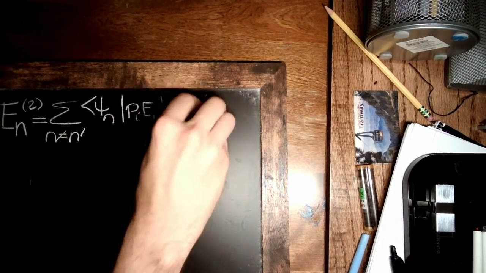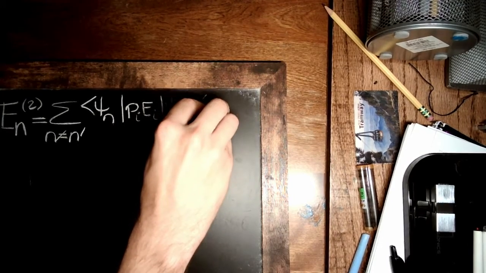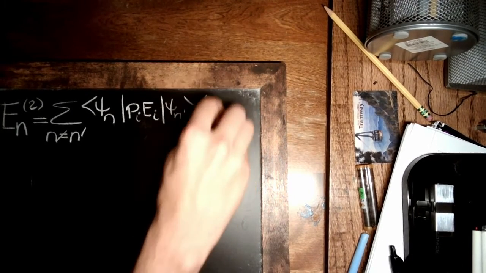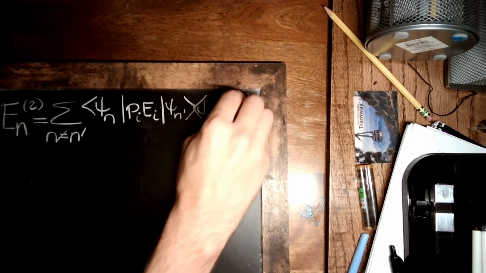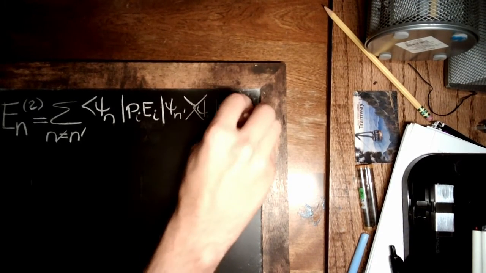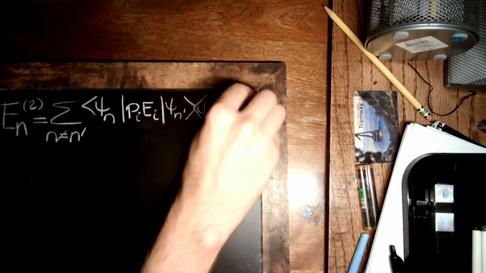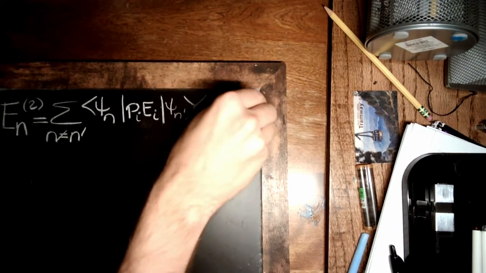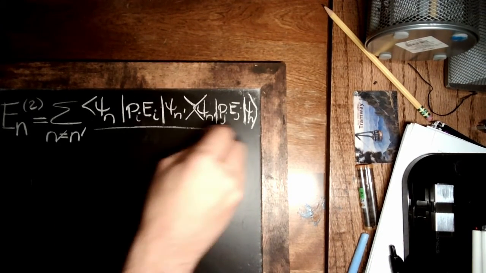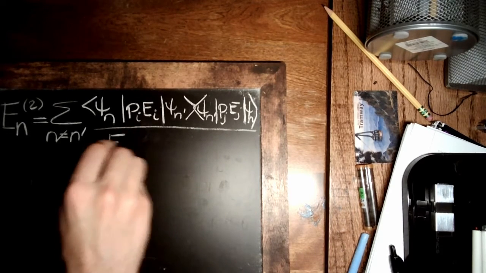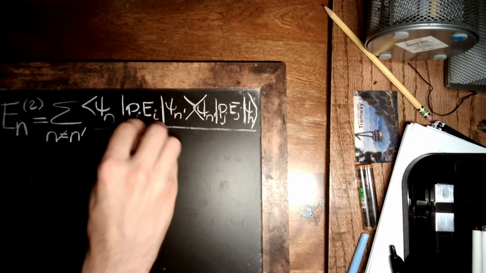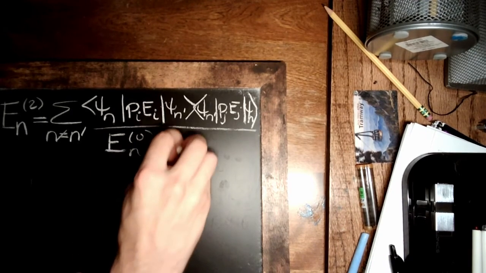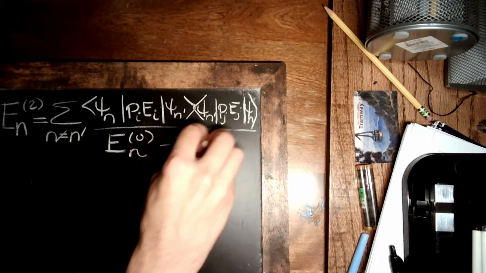Then you do the same, but flip it around for some p_j E_j psi n. And I can't quite finish the ket. There it is. And you actually have to divide by the energy difference for a particular state, so the zeroth order energy of n minus n prime.